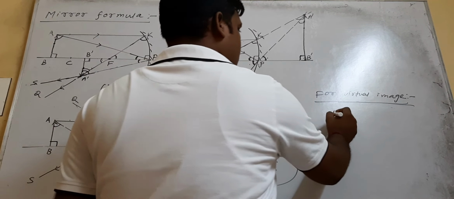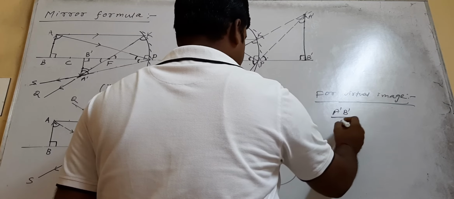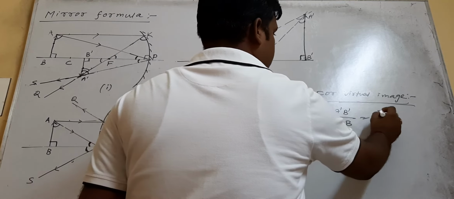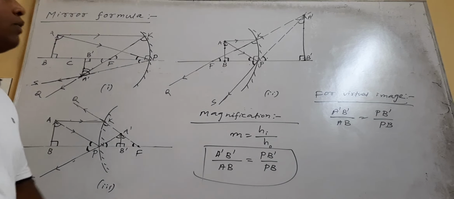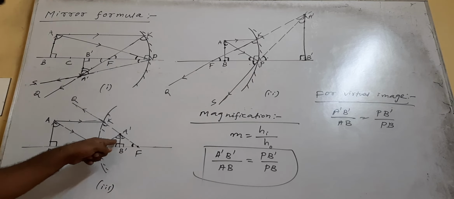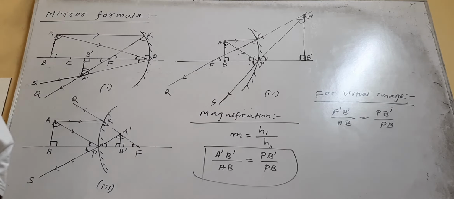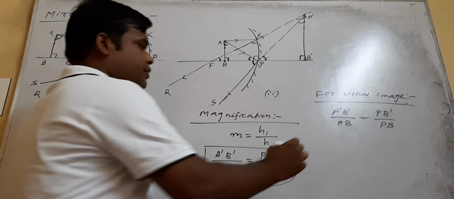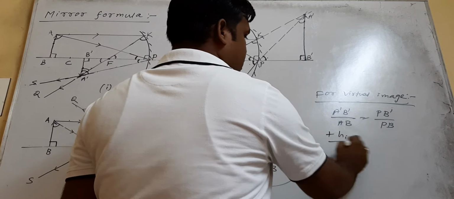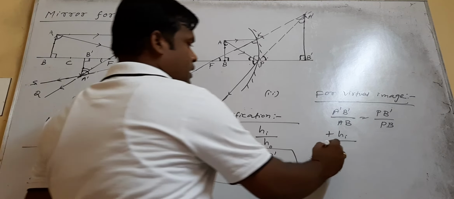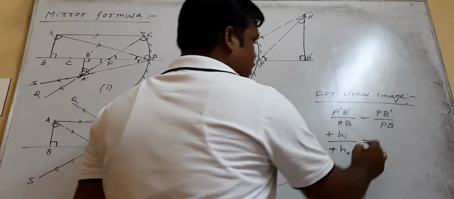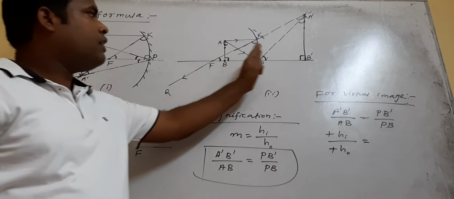use this formula: A'B' by AB is equal to PB' by PB. Now virtual means, you see, it is the erect image. That means A'B' is plus hi. What is AB? That is already erect, that is plus ho. What is PB'?